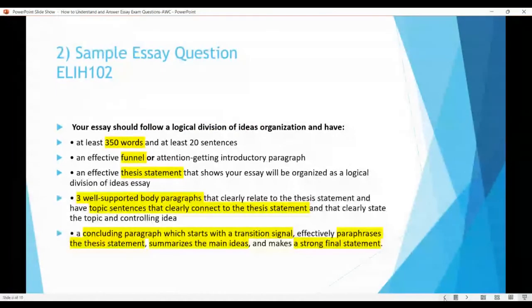Let's have a look at the second sample essay questions. I'm sorry, I've got most of the questions from ELI healthcare because I'm teaching healthcare these days. I tried to get them from Ellis and Elia on Drive, but it's early in the semester, so they haven't put any sample writing quizzes there yet. So I couldn't get it.